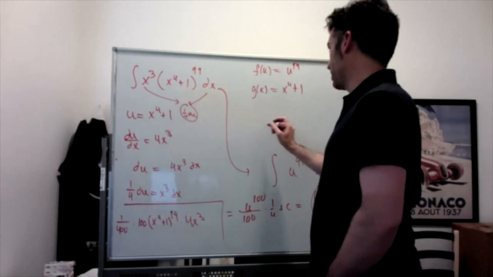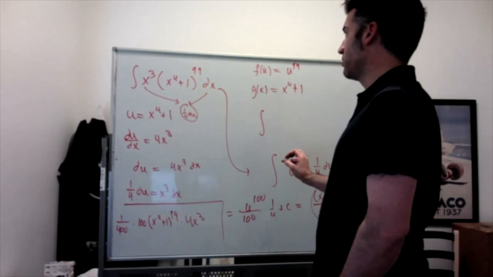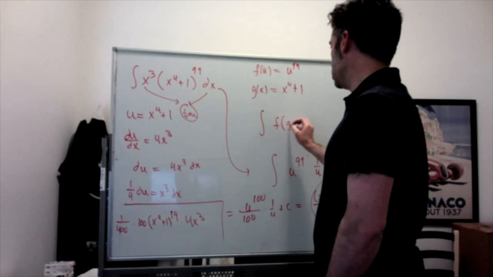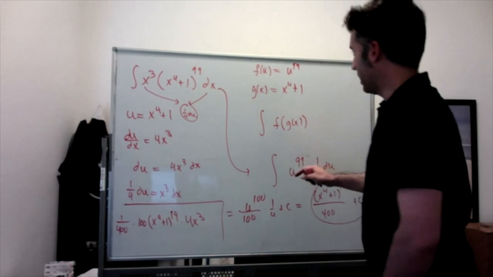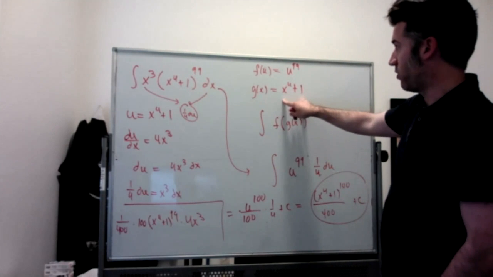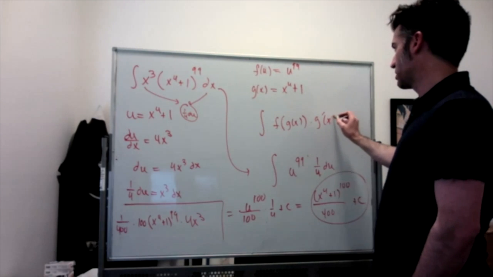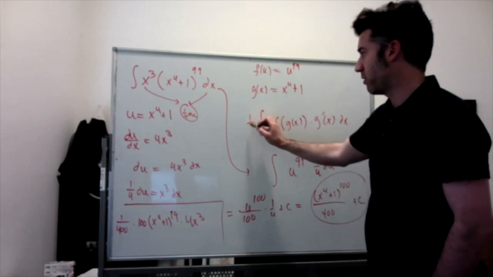And this looks like the integral of f of g of x, that's x to the 4th plus 1, u to the 99th, times g prime of x. And there's a 1/4.